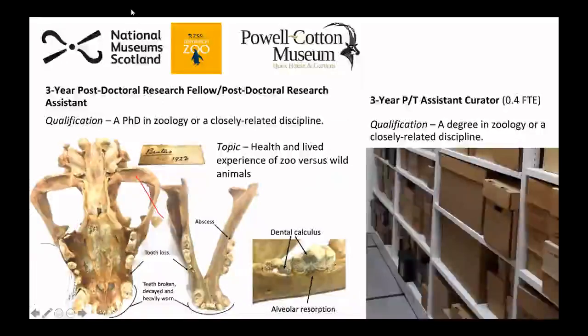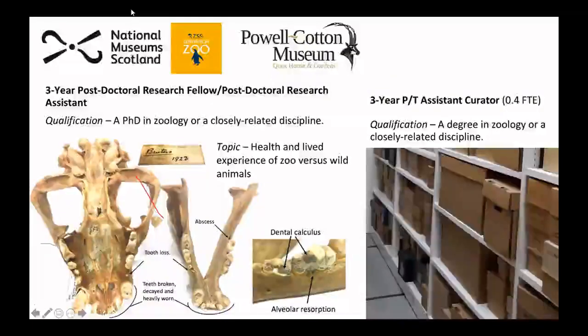You're up next. Yeah, so we have a 3-year postdoc post, which is going to be looking at the influence of captivity on the health and adaptation of the animal to captivity, so how it's responding to a completely different environment.